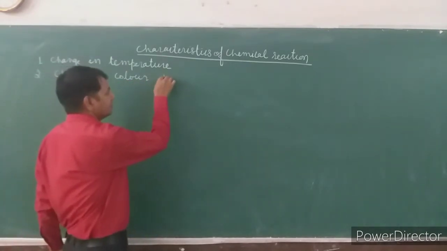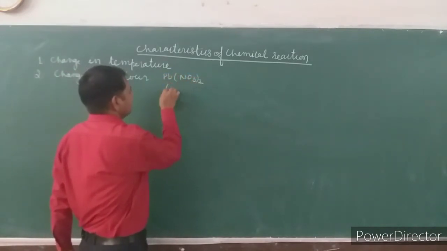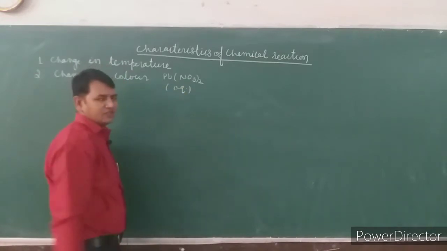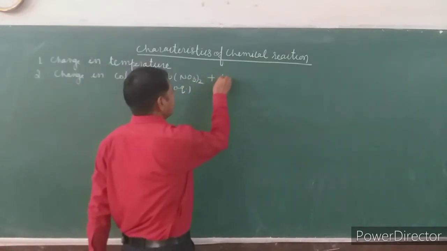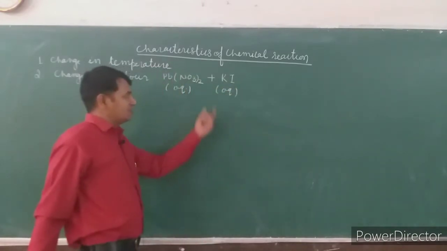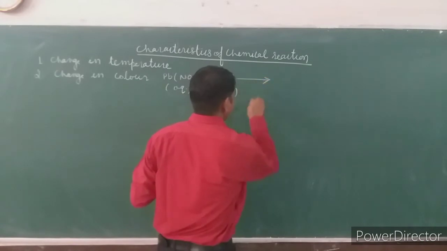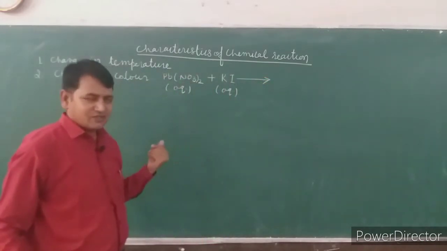And we can write here, we have used lead nitrate, Pb(NO3)2, in the aqueous, so we mention aq there, plus KI, potassium iodide, again in the aqueous, so we mention aq there. And when we express a chemical equation, we use an arrow sign.